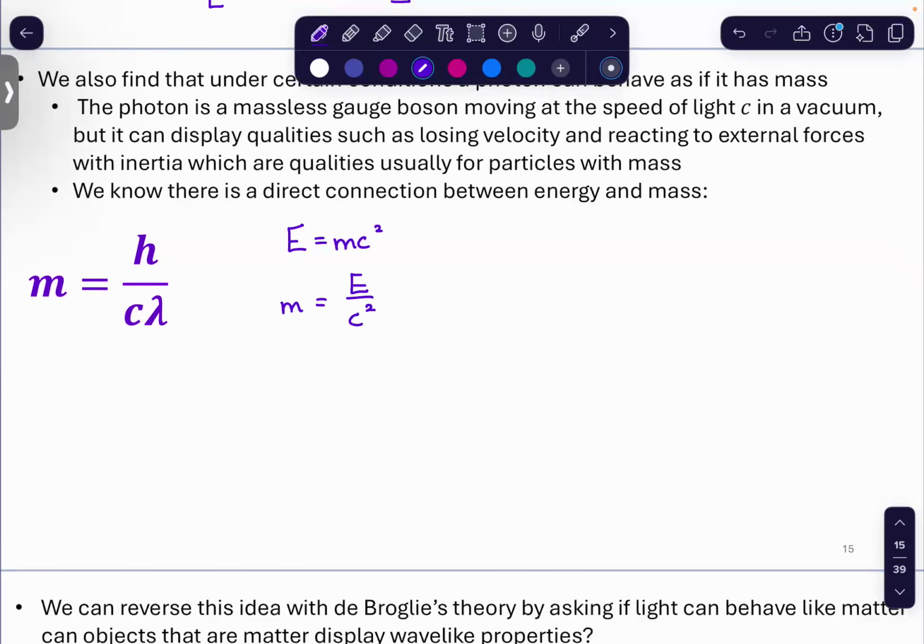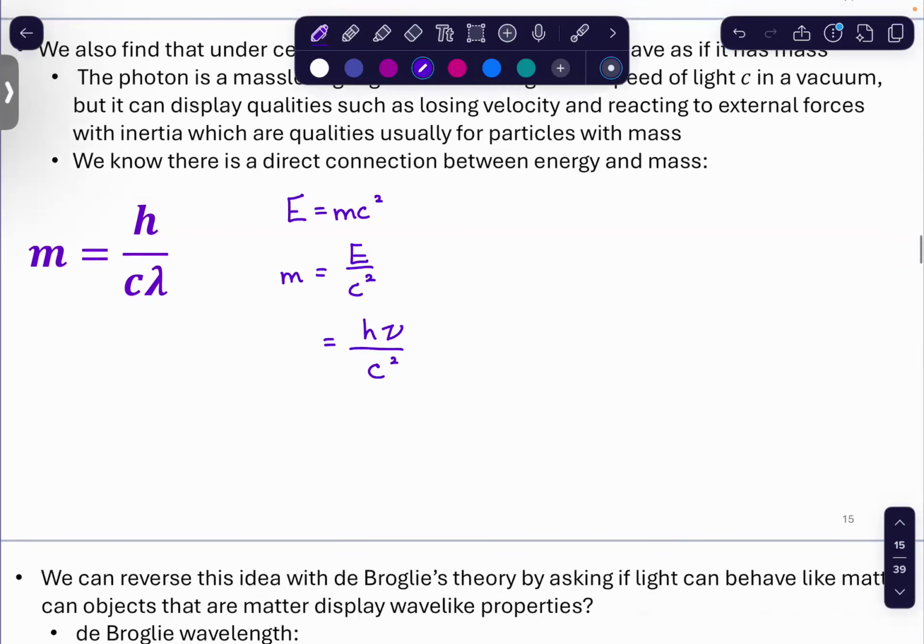Well, we have Planck's equation, so energy becomes h times nu over c squared. And then, of course, we remember that nu is c over lambda. We can plug that in there.